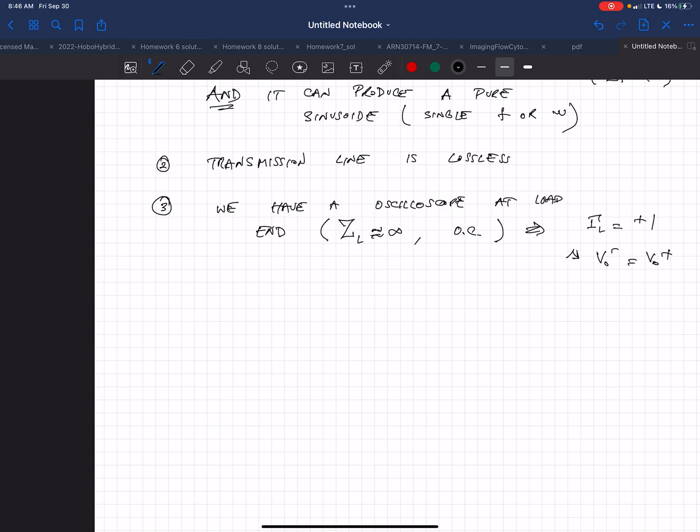So basically the total voltage is a double version of that, because of that particular reflection coefficient. I'm going to use that as is without rederiving it. So the phasor equation for V of z is 2V0 plus cos of beta z.